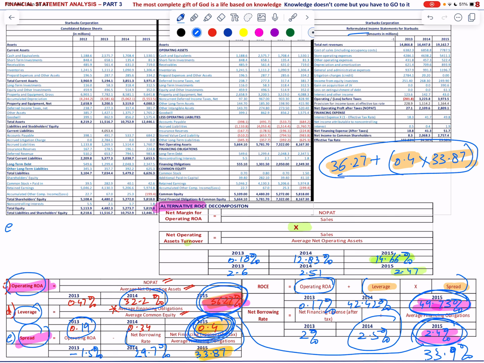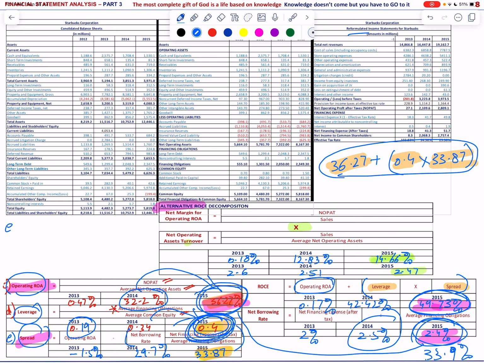Comparing with 2014, this breakdown shows that Starbucks has improved its operating return on asset, from 32 to 36.27. When we look at the leverage, it has slightly increased, and this has contributed to the rise in the return on capital employed.